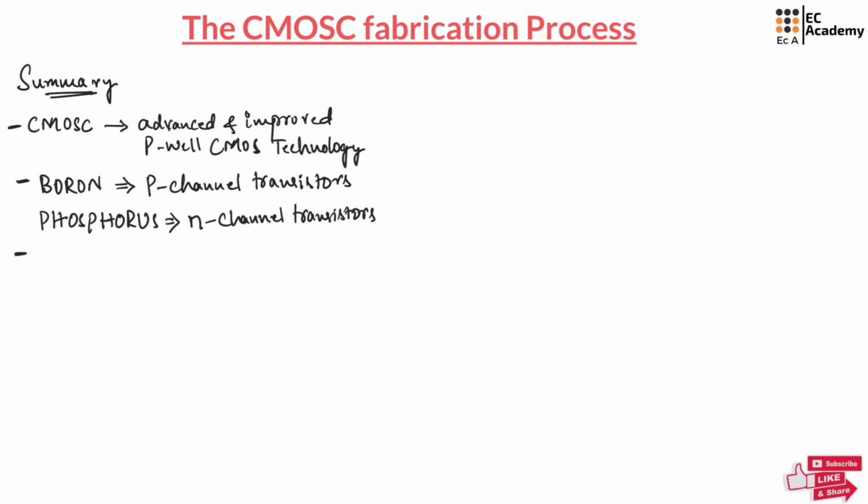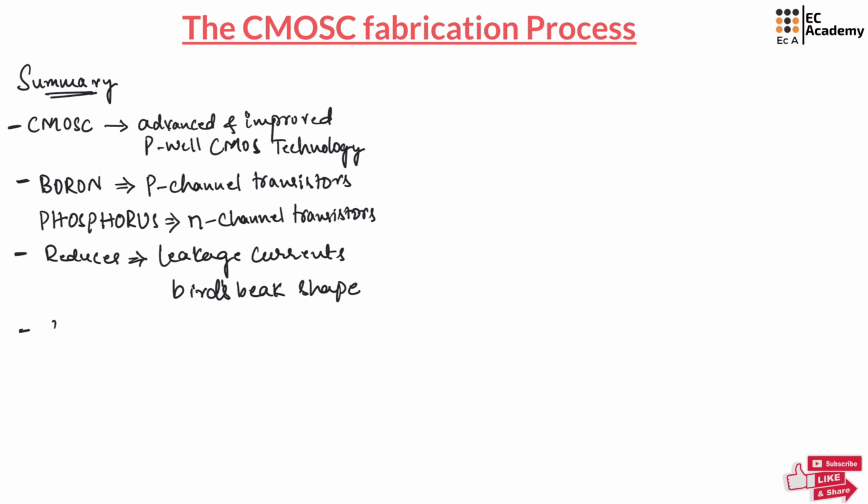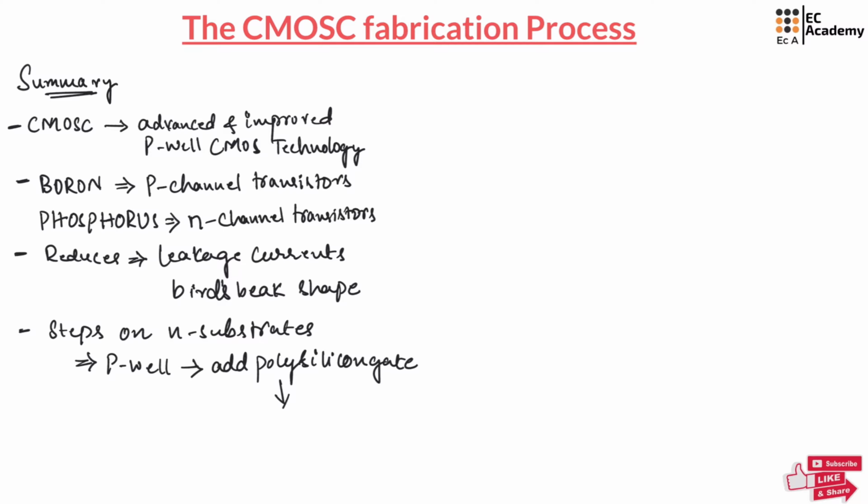This technology reduces the leakage current and minimizes the bird's beak shape by using enhanced field oxide processing. Here we use different steps on n-substrate to create P-well. Then we add polysilicon gate, and finally we connect it with aluminum wiring.